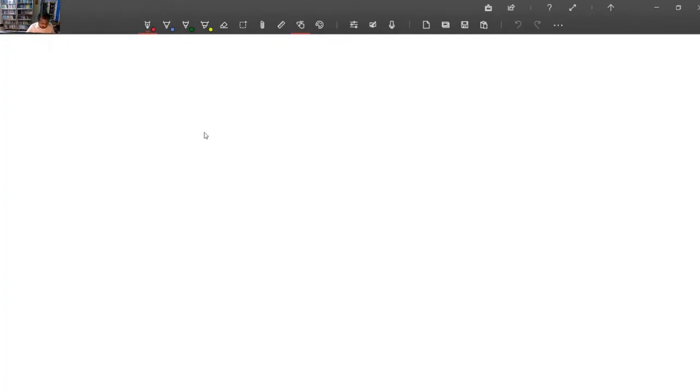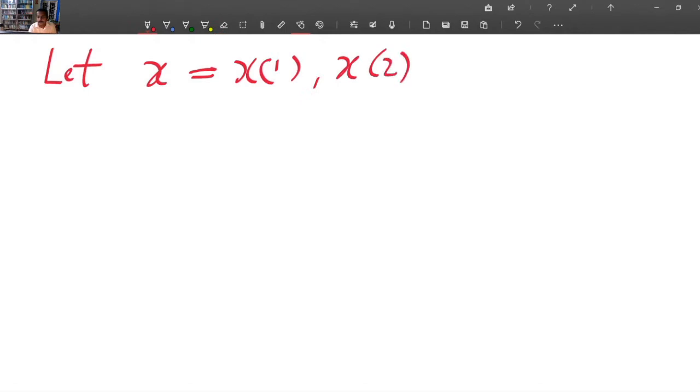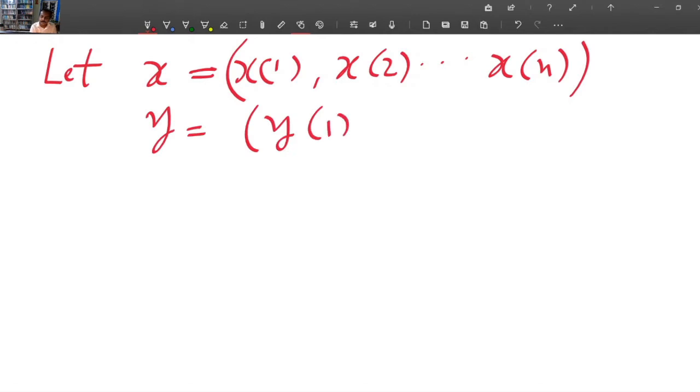For the 1 norm, let x be x of 1, x of 2, etc., x of n, and let y be y of 1, y of 2, etc., y of n.